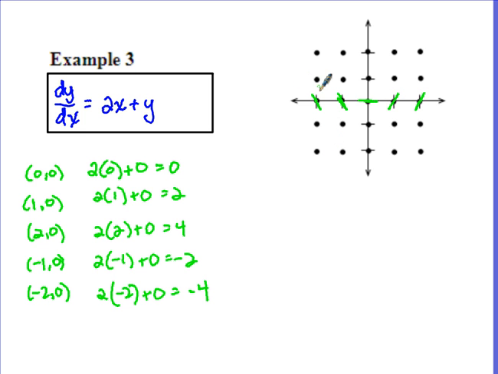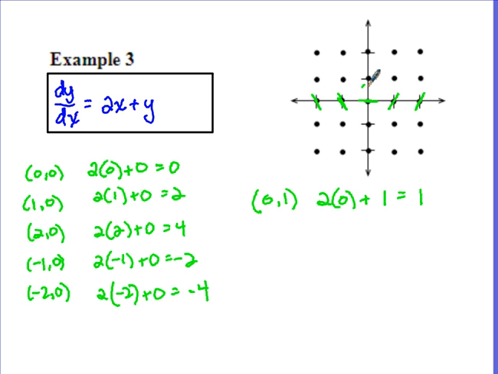Now if you notice, there's no pattern, if you will. We can't just go up and down like we did with the first example, and we can't just go across with them. We have to actually figure out each one. And a lot of time on the AP exams, they'll just give you select points to figure out. Let me just do a couple more, and then I'll let you finish this one on your own. So let me look at the point (0, 1). I'm going to do 2 times 0 plus 1, and that's going to give me 1.